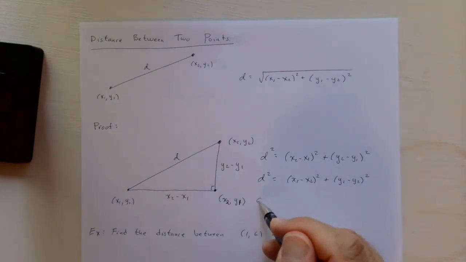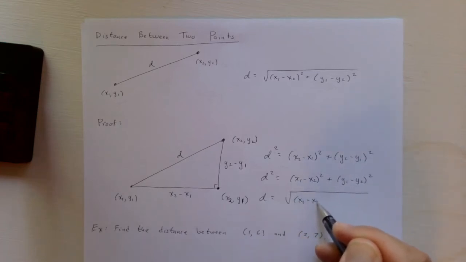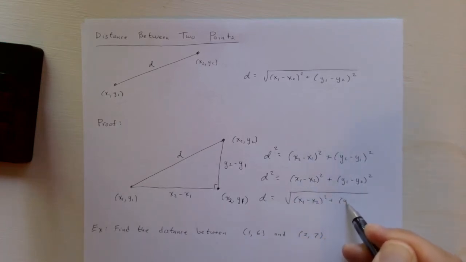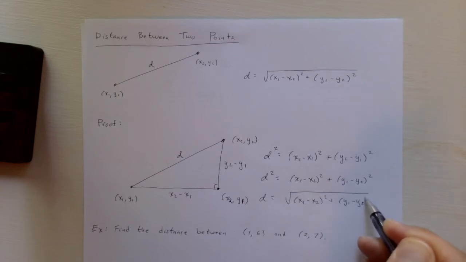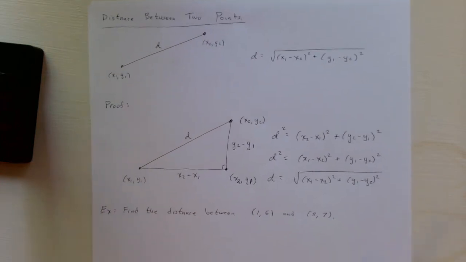And then we can take the square root of both sides, and we're done. One thing, of course, we're not going to fall into the trap: we can't break this up into the square root of this plus the square root of this, because square roots don't act like that with sums. Okay, so that's where we use the Pythagorean theorem to prove the distance formula.